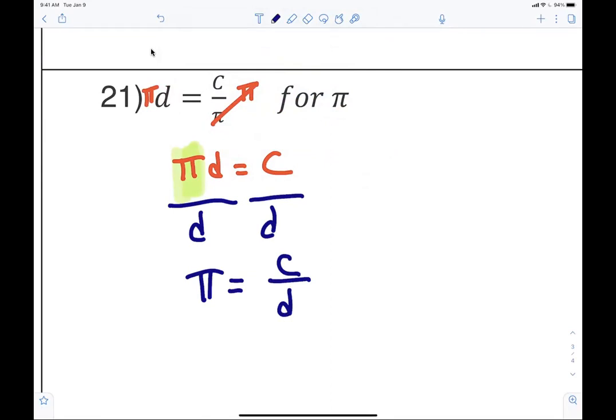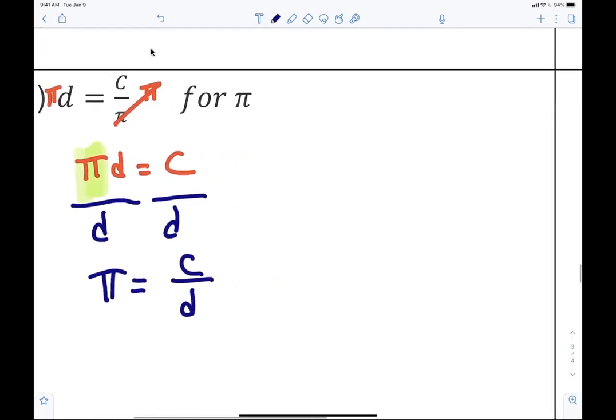You good with this? Ashley, what? If you're solving for pi, you should multiply to c. Okay, so this is a hard one. So I'm going to draw it again just to make sure. d equals c divided by pi, right?